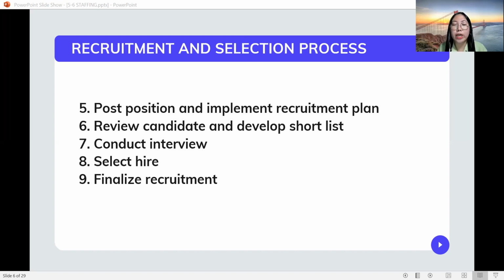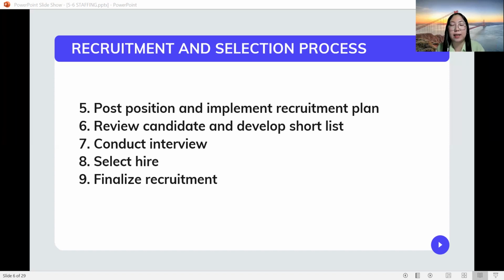And also, we should keep in mind that the candidate will help to carry out the university or the department mission or even our organization or management mission, vision, and goals. So yun dapat yung tandaan natin when it comes to selecting those applicants in this step na to, sa select hire natin.